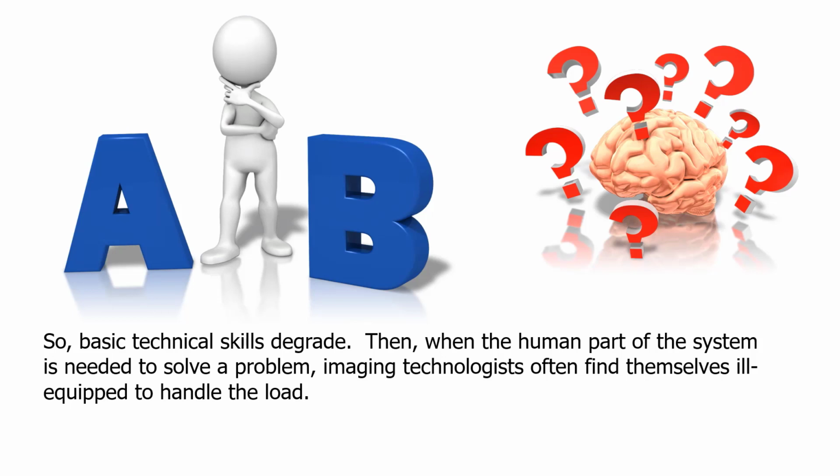When we look at a human, we often think of the path of least resistance. So, with the equipment so capable of doing so much, would the technical skills of the operator tend to degrade over a period of time? Let's take a look and see.